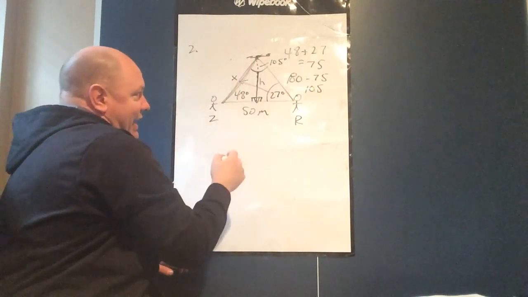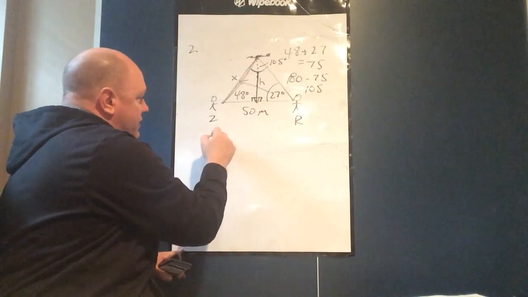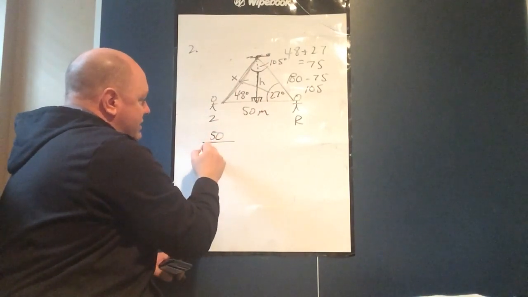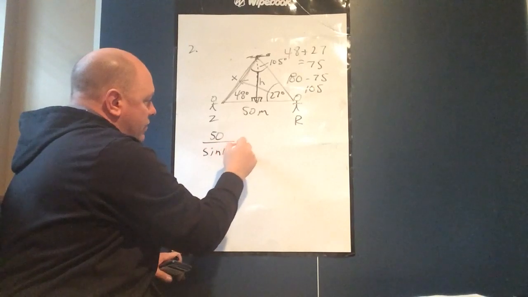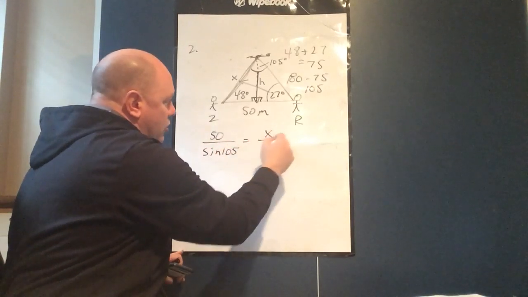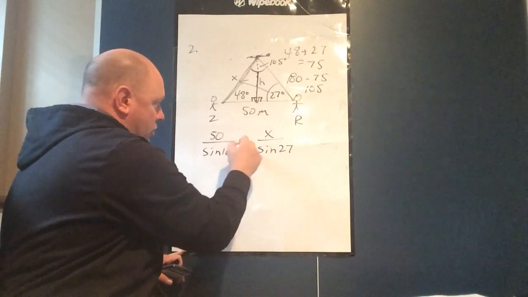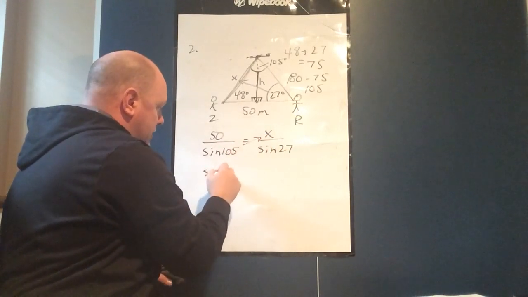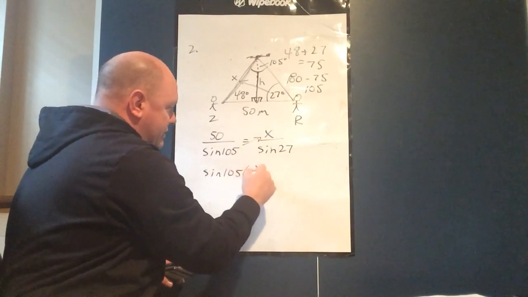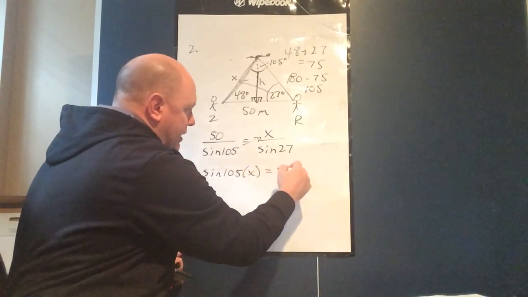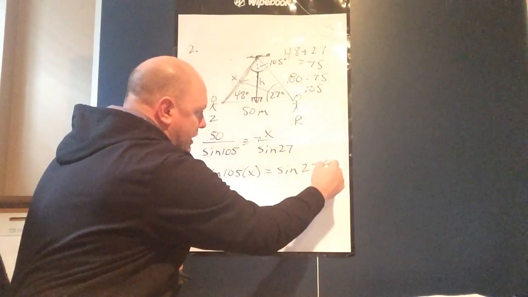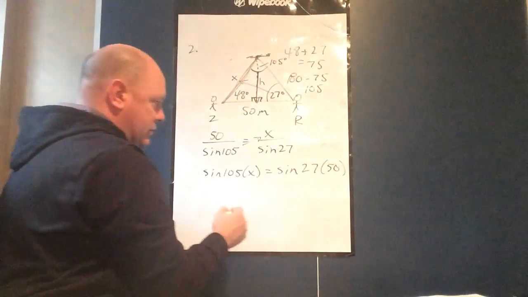I find this side length, and I get 50 over sine 105 equals x over sine 27. Cross multiply: sine 105 times x equals sine 27 times 50.